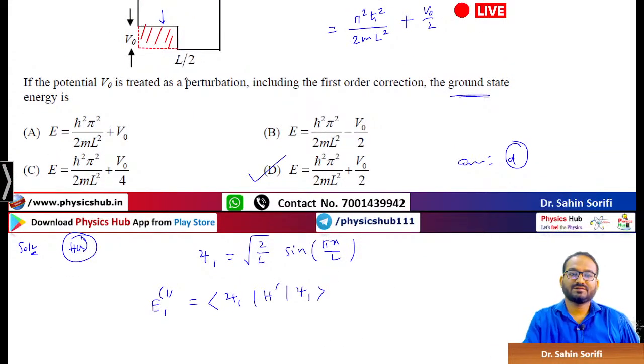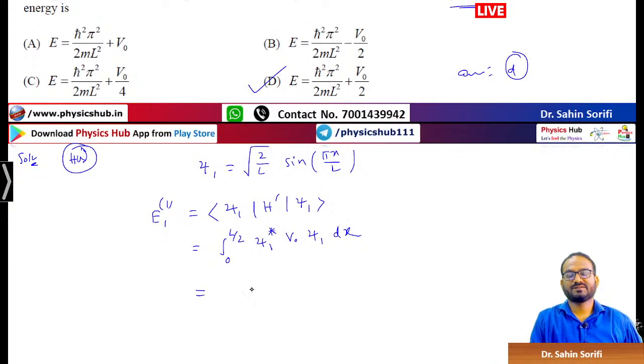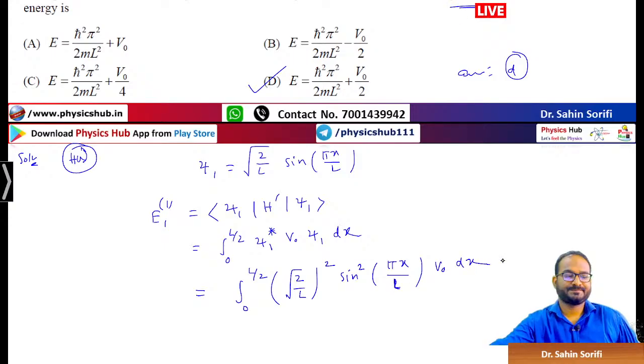H prime, as you can see, this one is the perturbation. So the perturbation has been added between 0 to L by 2. Psi 1 star H prime, that is V naught, psi 1 dx. So this is nothing but integral 0 to L by 2 of psi 1 star psi 1. So it is square root of 2 by L whole square, sin square pi x by L, V naught dx.